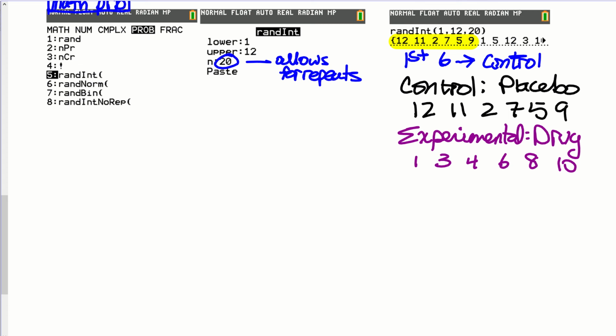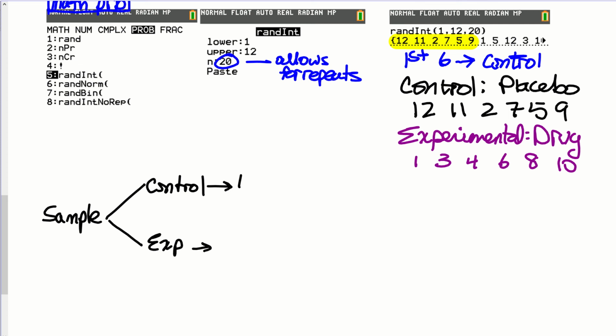So we have our sample that we're going to break up into a control and experimental group. We're going to determine pain before, in both cases.